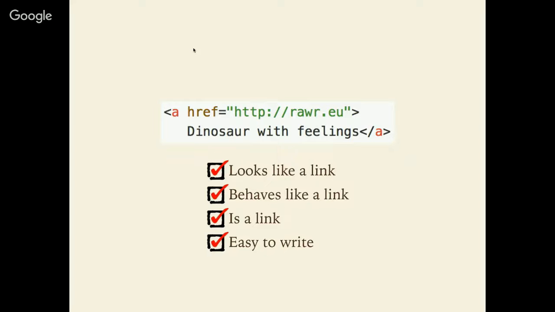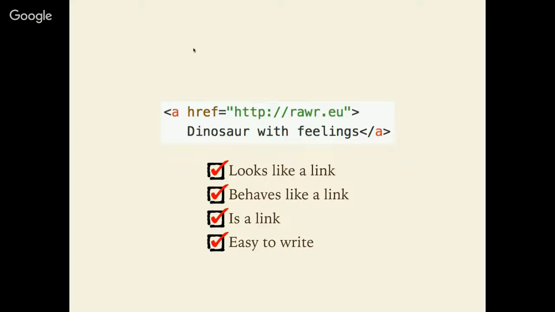It is a link, as in it's exposed as an anchor in the accessibility tree. So assistive technologies know that it is a link, so they know how to interact with it. And it's really easy to write because, as you all know, the anchor element is just an A, and all you need is the href attribute to make a link to something.